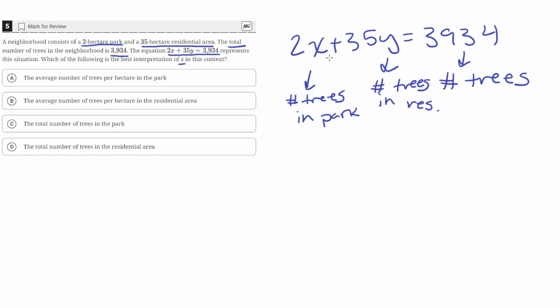So this quantity right here, the x, must be the average number of trees per hectare, because when we multiply that with the size of the area, we get the number of trees in that area, which we add with the number of trees in the residential area to get the total number of trees. So A has to be the correct answer.